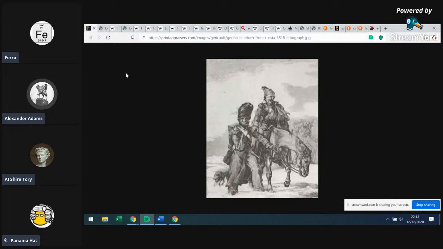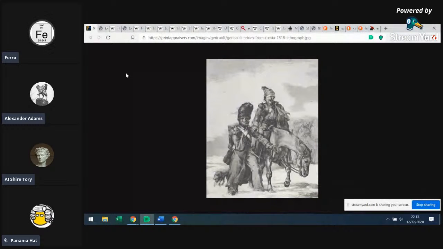And he did a series of pictures of veterans who had returned to France and who were being treated callously, who were begging, who were crippled. And so this is obviously a form of him reminding people about the debts that they owed the soldiers who had died and suffered in the Napoleonic Wars.